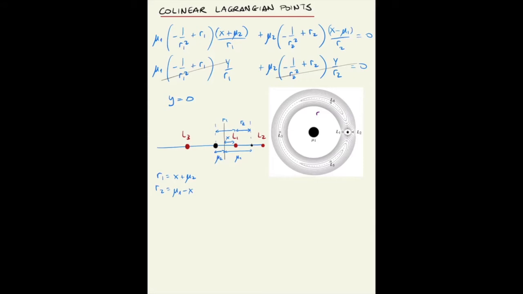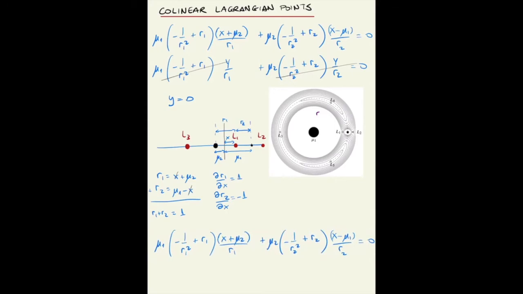So from these equations, you find that the derivative of R1 with respect to x is equal to 1, and the derivative of R2 with respect to x is equal to minus 1. Also, if you sum them both, then the x's cancel, and R1 plus R2 is equal to mu1 plus mu2, which is equal to 1. So let's use these constraints on the equation for the equilibrium point.